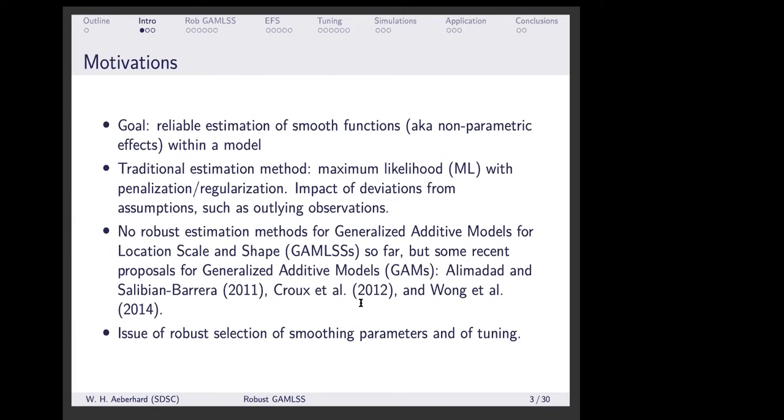So this idea of tuning has been traditionally based on efficiency. So basically comparing covariances between a robust estimator and some non-robust benchmark, maximum likelihood estimator typically. But in the non-parametric setting, these covariances are typically not comparable. So we are left with this challenge of finding a new way to tune robust estimators, which is meaningful and which is also general enough so that we can compare potentially many different robust estimating methods in the same setting.